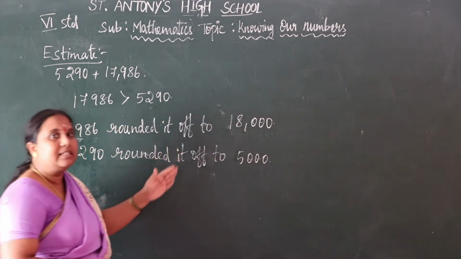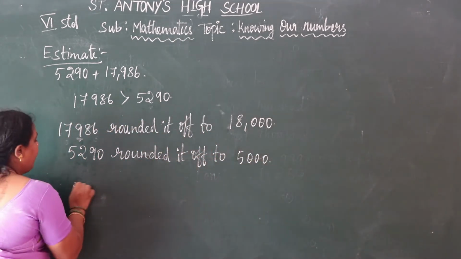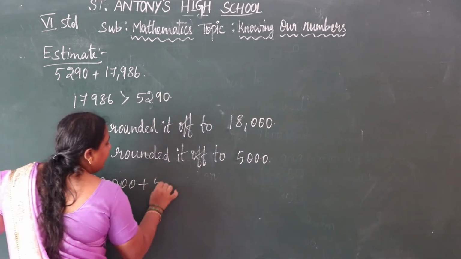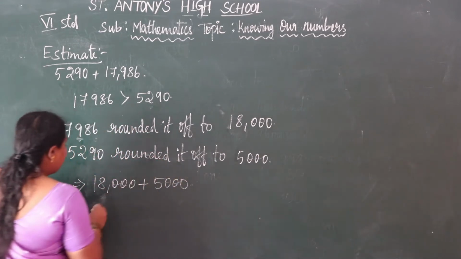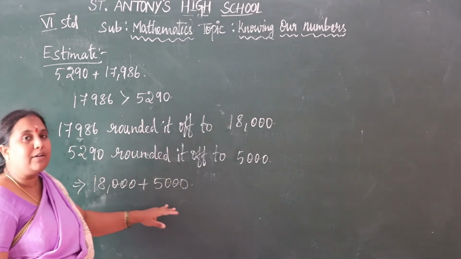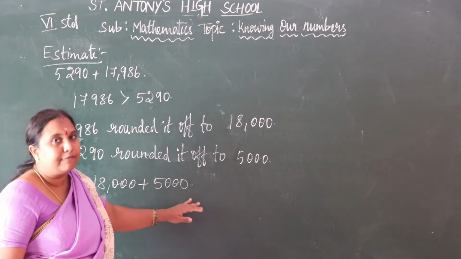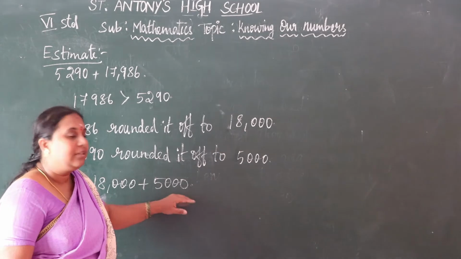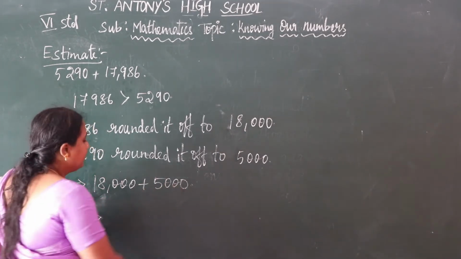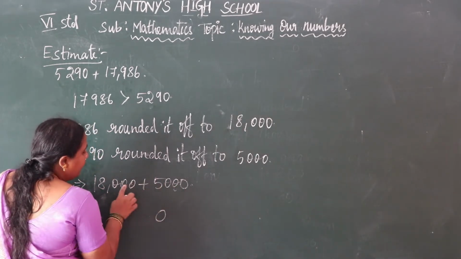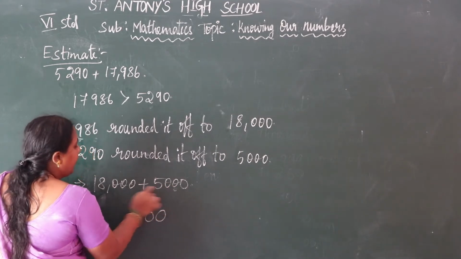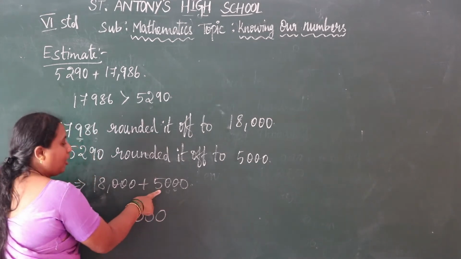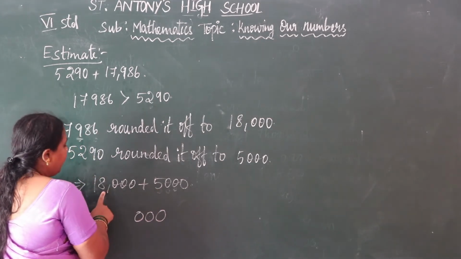After this we should add. So we have the numbers 18,000 plus 5,000. What is the estimated value? In the units place both have 0, in the tens place both have 0, and in the hundreds place both have 0. In the thousands place, 5 here and 8.